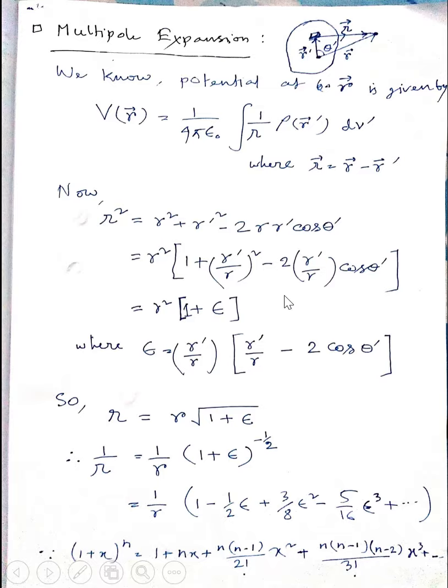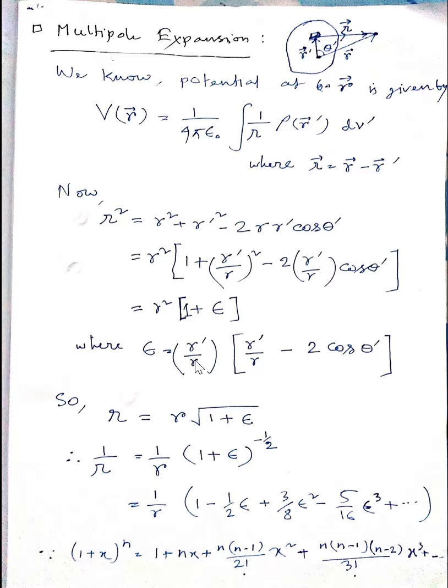I have already said that I am dealing with the problem from very far away, right? So obviously this r should be very much larger than this r dash, right?